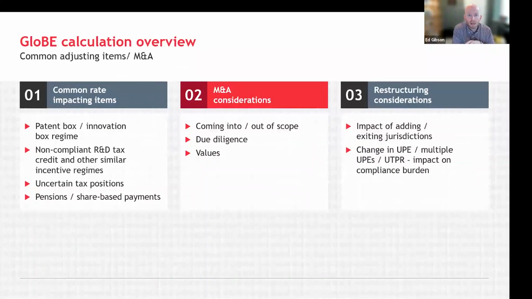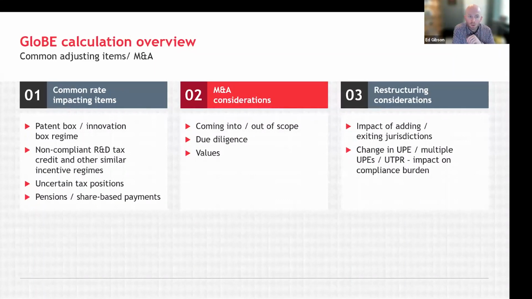So the UK patent box is something that would drag down the ETR in the UK. So that would mean that you may fall below the 15% if you've got a lot of profits sitting within the patent box. Things like non-compliant R&D tax regimes, that does drag your ETR down. As I say, the UK one doesn't, but if you were in somewhere that did, that would have an effect.